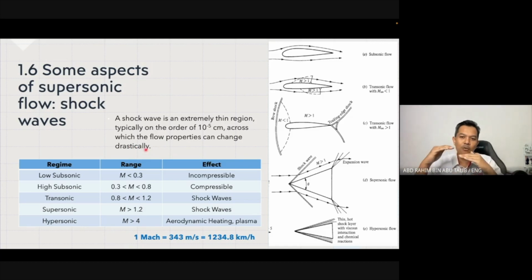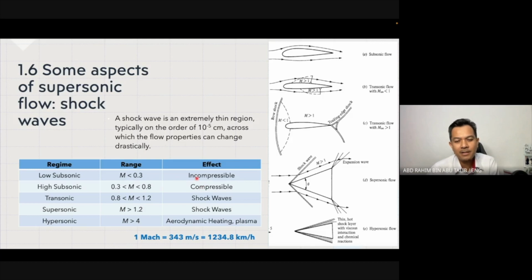From outside the shock wave to within the shock wave, the flow properties can change drastically, right? So we have the regimes over here: low subsonic, high subsonic, transonic, supersonic, and hypersonic. We have the range of Mach number less than 0.3, and from 0.3 to 0.8, which is compressible.